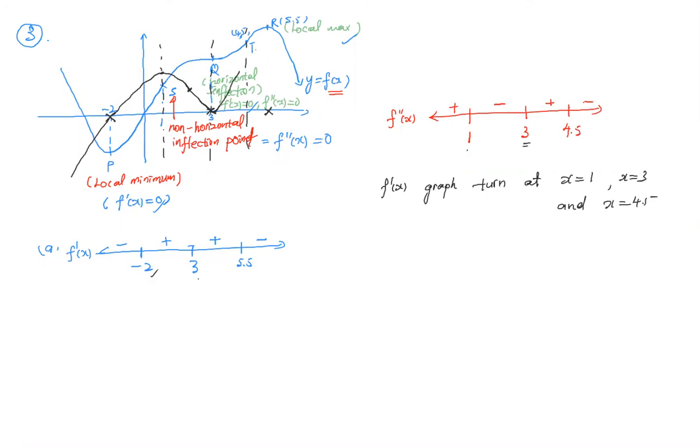Then turn at 4.5, then come down. So that is how it goes. Are you okay? So you have to use this to help you, and you have to know where it turns. So that's why we give you 4 marks for that one. You see or not?